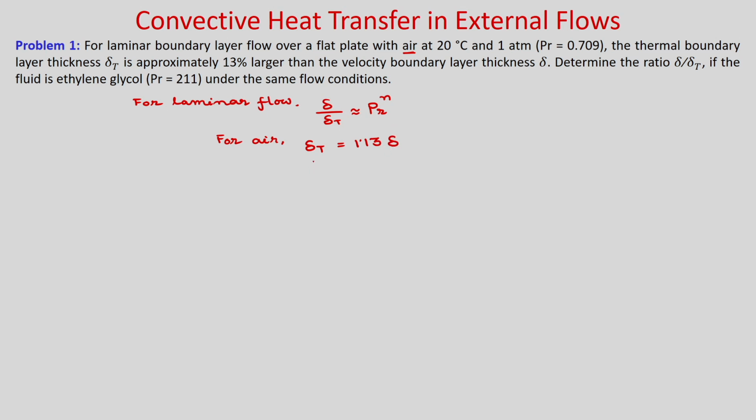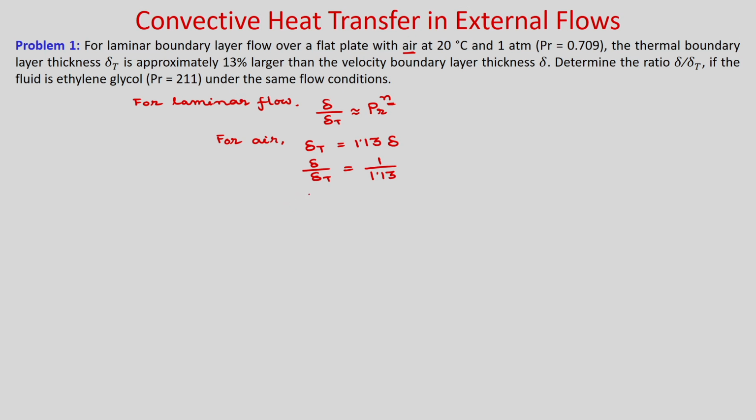So, you can see that delta by delta T is 1 by 1.13. Now, you have the same flow conditions. Under this, for air we have to find what is the n. So, delta by delta T is equal to 1 by 1.13.